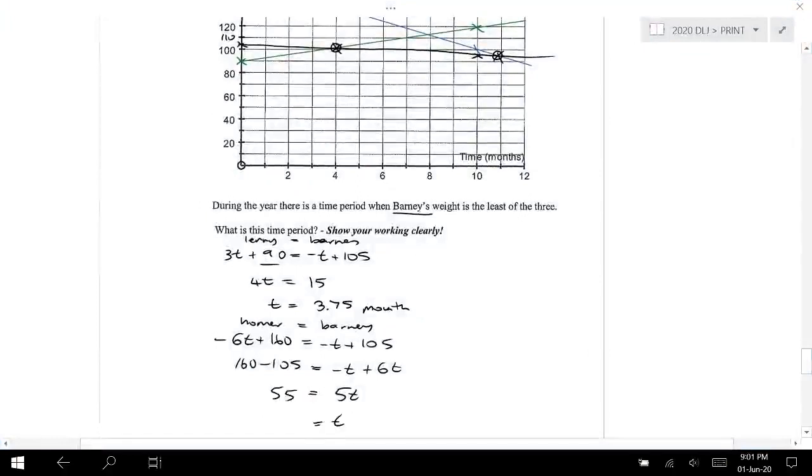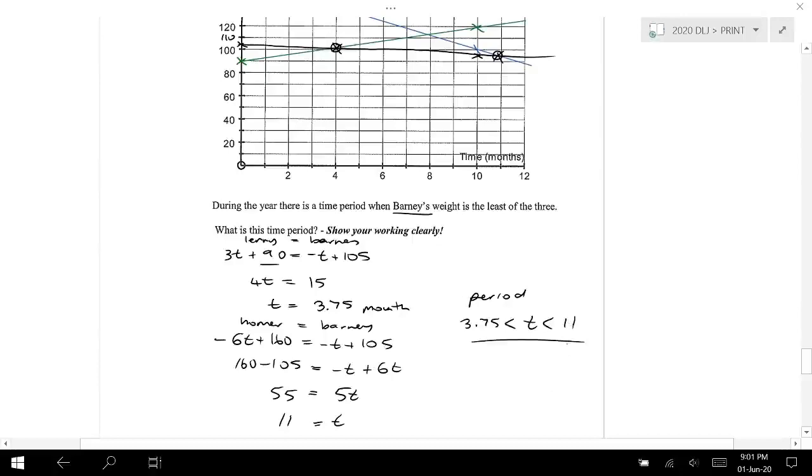So t equals 11. So 11 months. So the time period is 3.75 to 11.